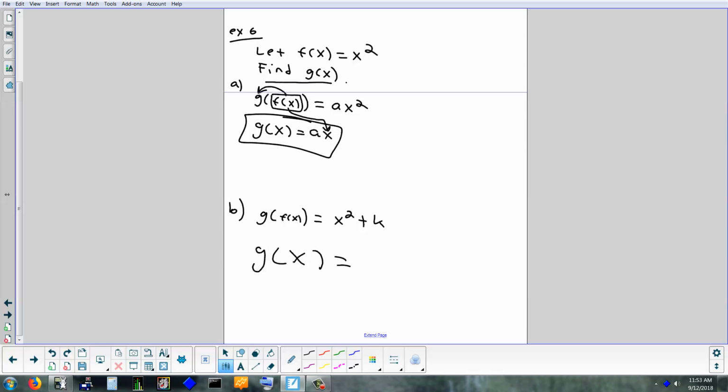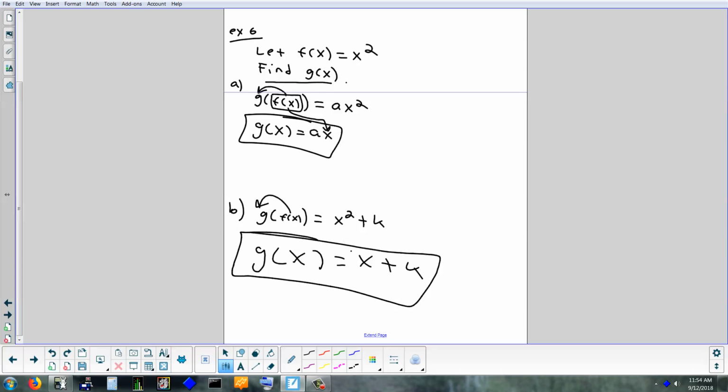Would it just be x plus k? Yep, just be x plus k. Because if you take f of x and plug it into g, you'd be plugging x squared into g. If you plug x squared in, right there, you get x squared plus k, which is what they wanted you to get. So this is your final answer.